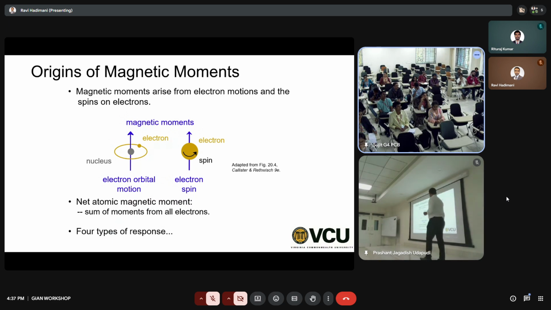But the orbital motion contribution is not that much, whereas spin has the highest contribution to the magnetic field. The electron's spin motion creates a much higher magnetic field than the orbital motion.